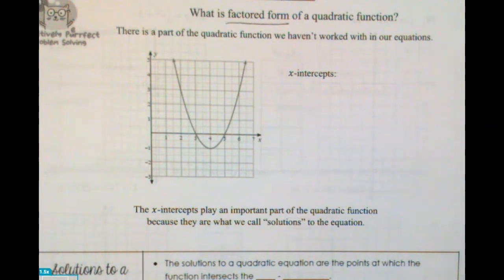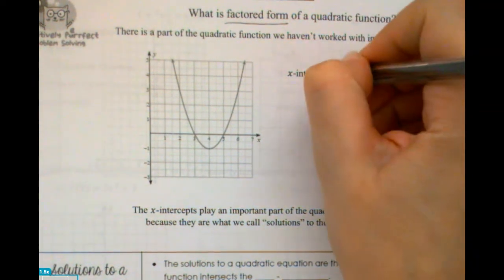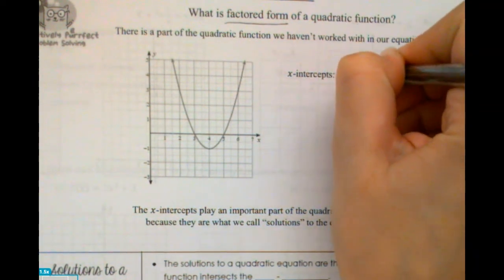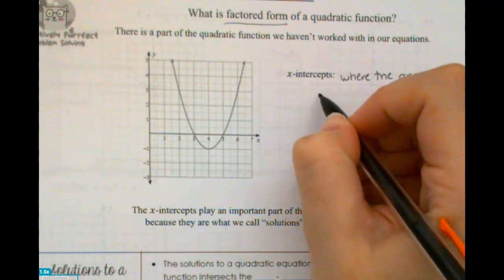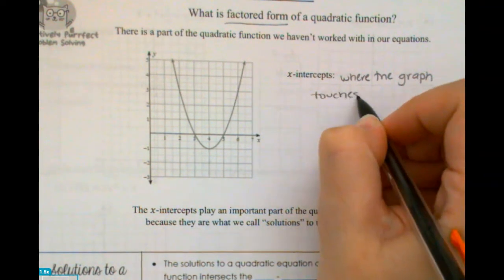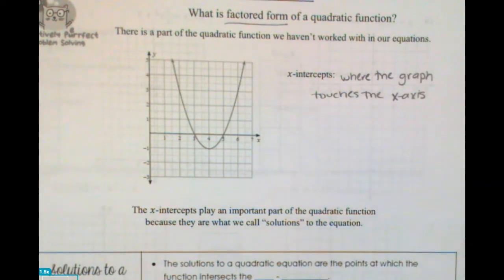Well, factored form talks about 2 points in our parabola that are called x-intercepts. Now, we briefly talked about these in Learning Target 10.1. So let's review what those are. x-intercepts are where the graph touches the x-axis.